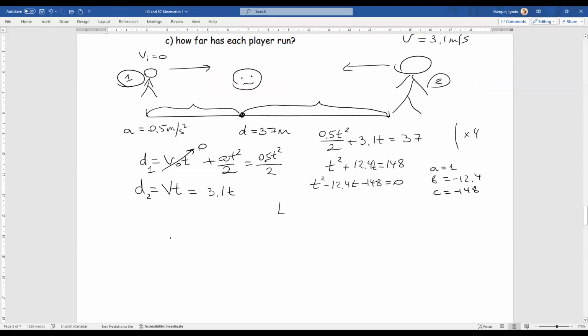Quadratic formula: negative B, so the opposite of that number, 12.4, plus or minus the square root of the discriminant, b squared minus 4ac. A is 1, you don't even need to write it, and c is negative 148. Divided by 2a. Under the root, whenever you have a negative number squared, it will be positive. So 12.4 squared.